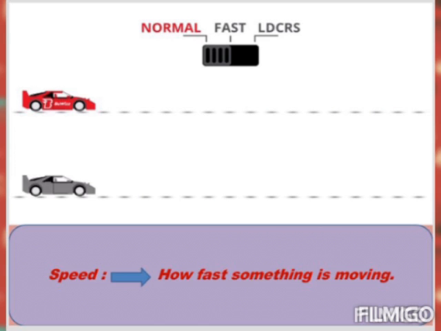It means the faster object covers a larger distance as compared to the other object, so the speed of the first object is greater. So we can say that speed means how fast something is moving. An object covers a distance in unit time, that is called speed.